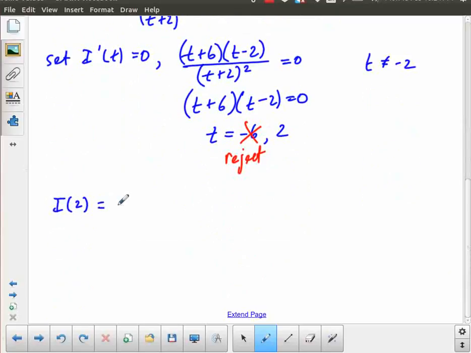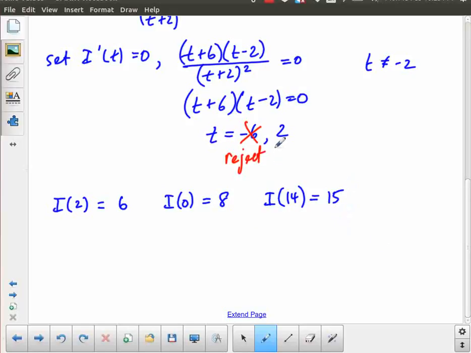So I of 2 is equal to 6. Then our endpoints, one of them is at 0. So we sub in I of 0, and we end up with 8. And the other endpoint is at 14. And we sub in I of 14, and we actually get a value of 15.